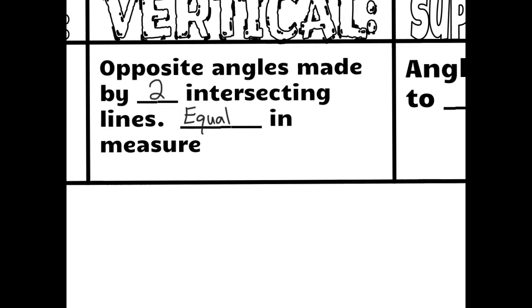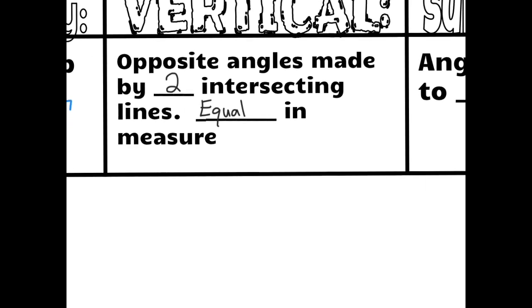So going back to our vertical angles, what we're going to do is I'm just going to draw two intersecting lines. And maybe this angle right here measures 100 degrees.